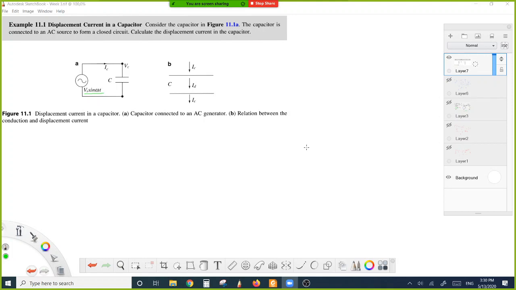Displacement current means the current inside the capacitor.